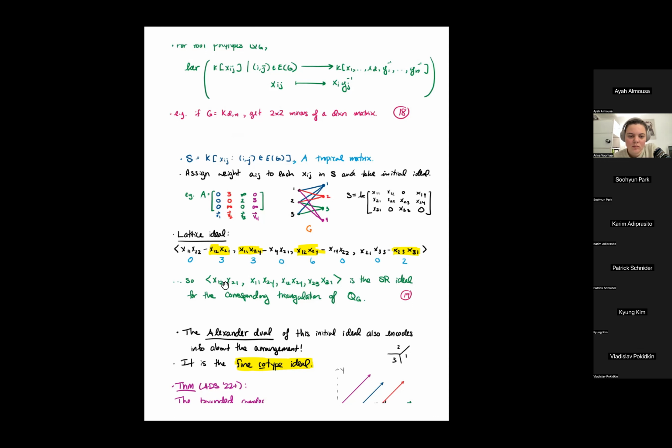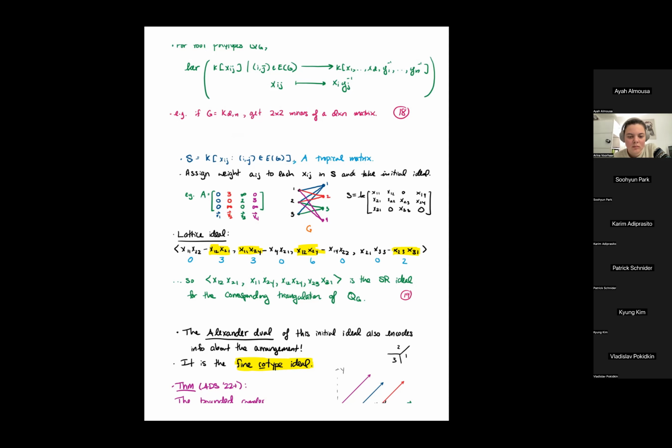So in conclusion, this is going to be the Stanley-Reisner ideal that corresponds to the triangulation that you get from this matrix. Okay. So the combinatorial way is you think about raising the heights and then projecting back down, but the algebraic way to compute the triangulation is by taking this initial ideal and looking at the associated simplicial complex.